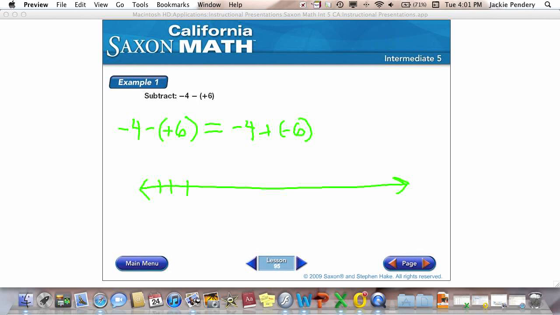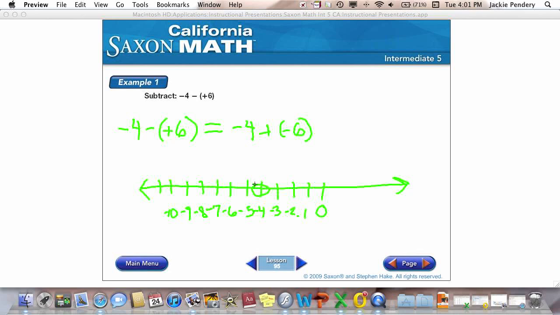So if I draw this on my number line, and feel free to write your own number line, number lines are great things to have. 0, -1, -2, -3, -4, -5, -6, -7, -8, -9, -10. So I'm going to start at -4, and now I'm going to add -6.